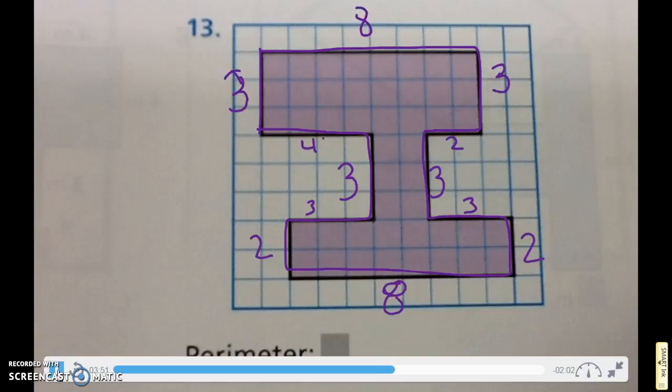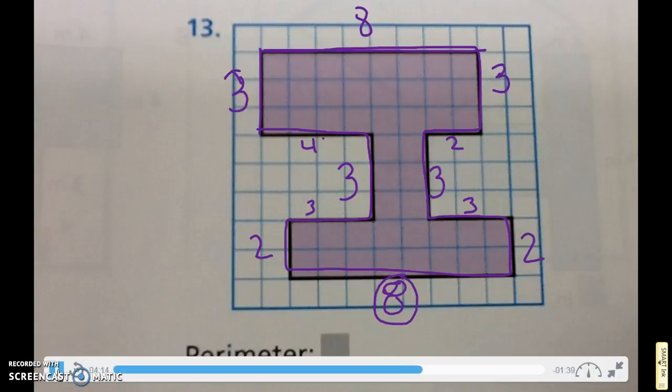You will look at my figure and see that I have labeled all of my sides. The length of this side is 8. Well, the length of this side, and thinking about what I know about figures, is 8. And I know this opposite side is also going to be 8. So you'll see down here, I've written 8.